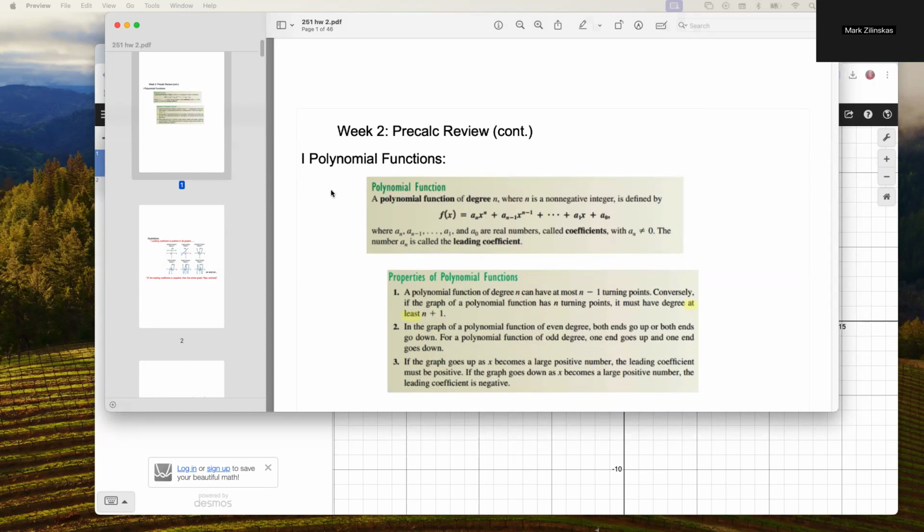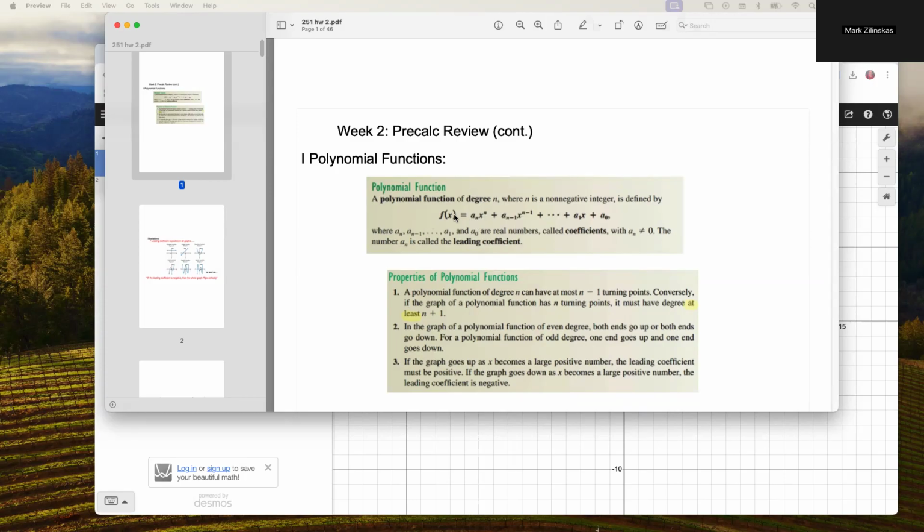You will run into polynomial functions a lot, and polynomial functions are something you've worked with quite a bit. As a matter of fact, even starting in Algebra 1, when you work with lines, a line is a polynomial function because it fits this definition where we have either y equals, or in this case, f of x equals.